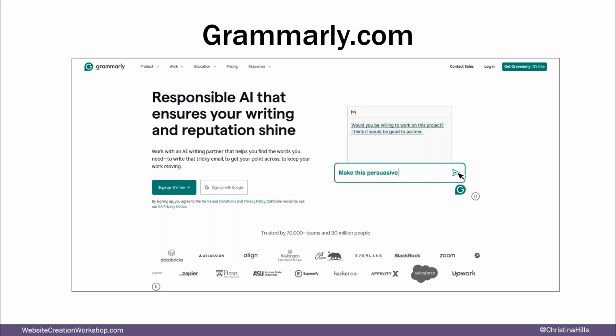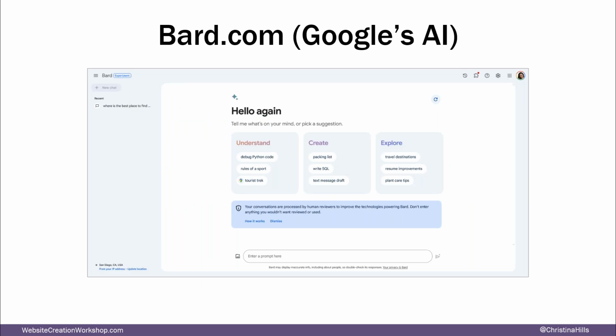But they have a free version, Grammarly.com. Bard is Google's AI, and I'm not super keen on Google, so I don't use this one that often. But sometimes when you try these different tools, you might get different results.